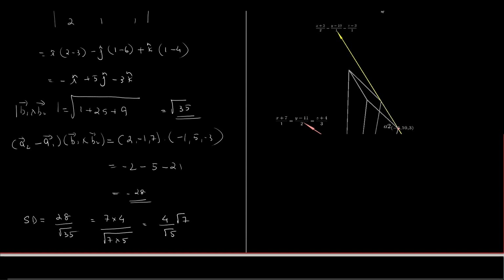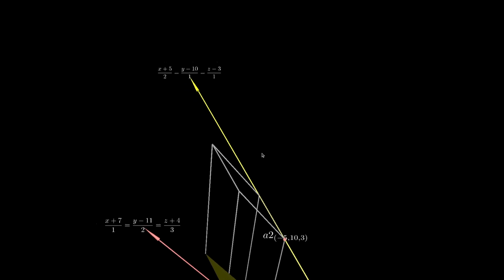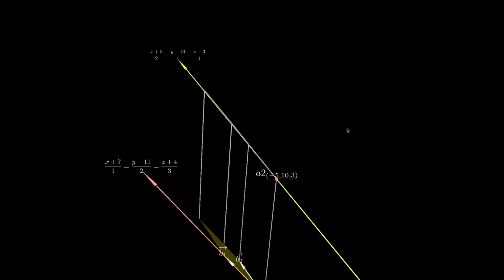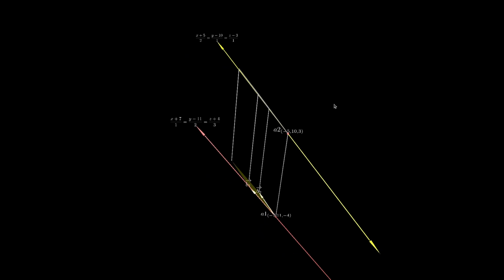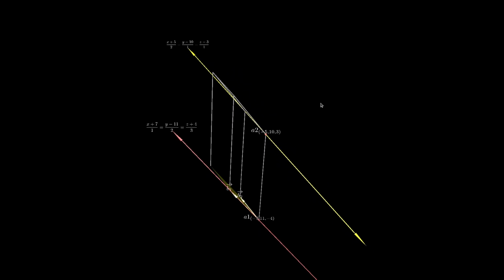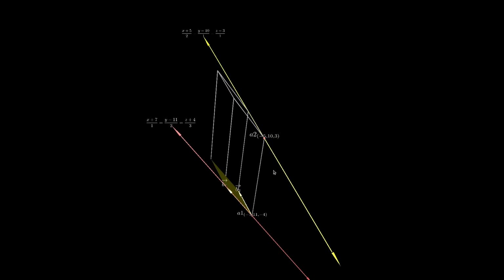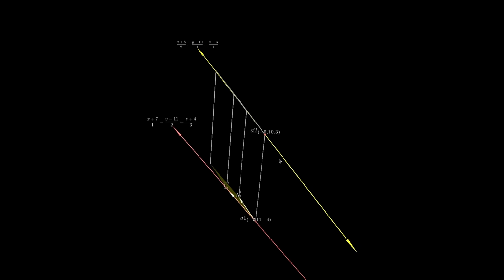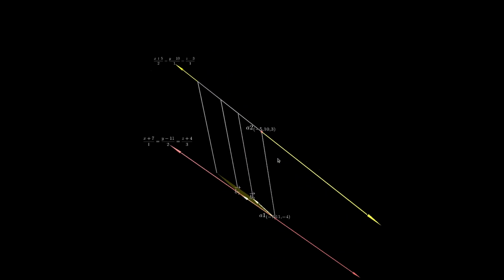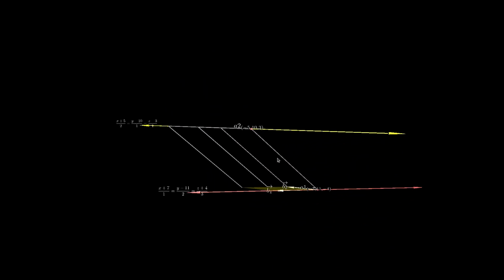So coming back to the animation. We have calculated this as per the formula. Now let us try to figure out the geometric interpretation. So we got the parallelepiped. The numerator, as I said, is the volume. The denominator is the area. Volume by area is the height. Now, see here, I have rotated this. Now we are having an idea.